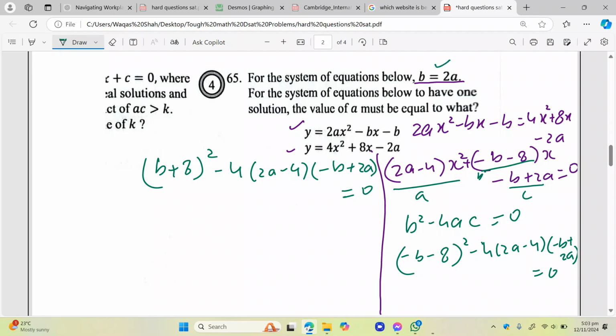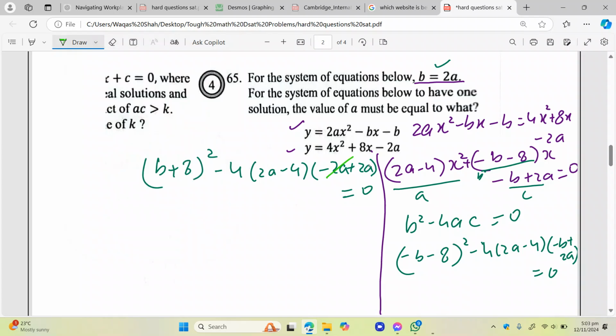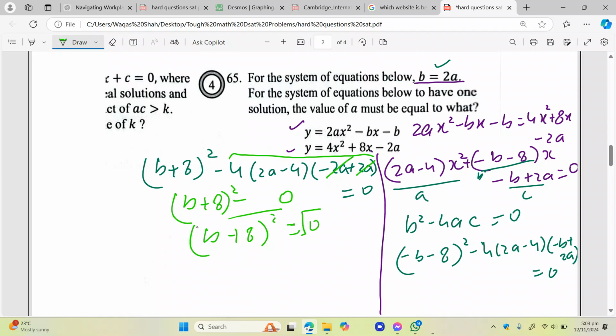B is 2a, so we can replace b with 2a, so it's minus 2a plus 2a, and you can see that they can be cancelled with each other. So this whole term will be equal to 0. So it means that b plus 8 square is equal to 0. If you take square root on both sides, it will be b plus 8 equal to 0, so b is equal to minus 8.